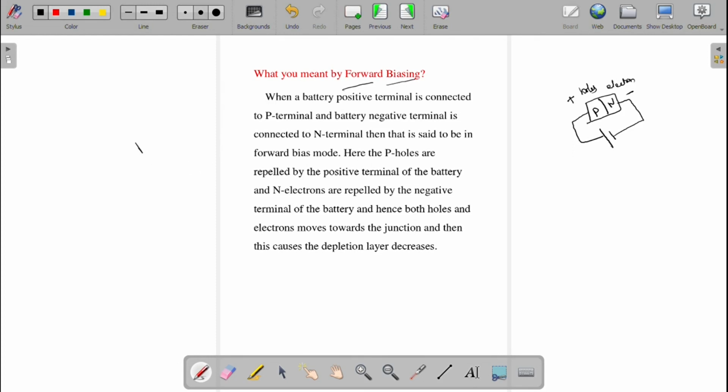Biasing is supplying external voltage to the PN junction. If you connect like this, current will flow in this circuit. For better understanding, please watch that video on forward and reverse biasing connections for the PN junction. That link also I will give in the description box.